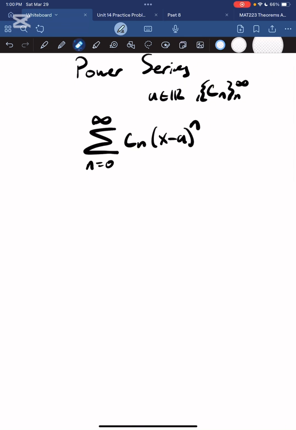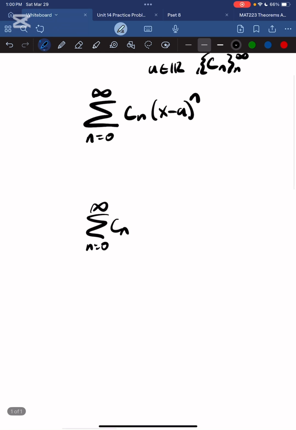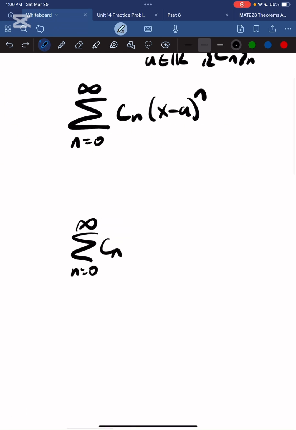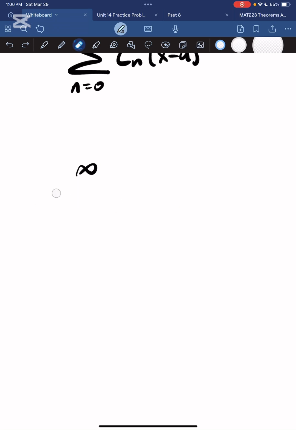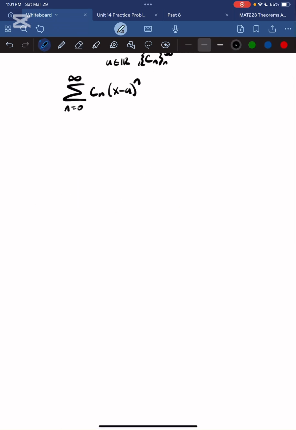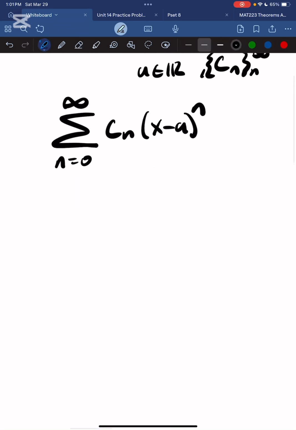We know that the infinite sum of c_n can be convergent. Now what if we instantiate x with something, like 2, giving 2 minus a to the n? This could also be convergent, or it could not be. We don't know.